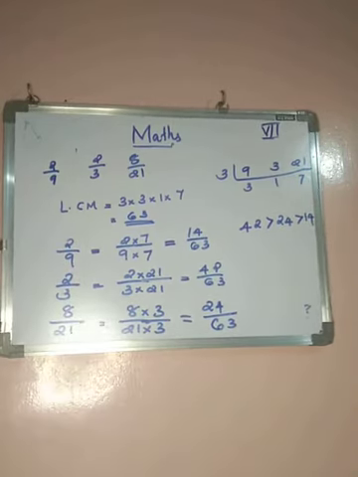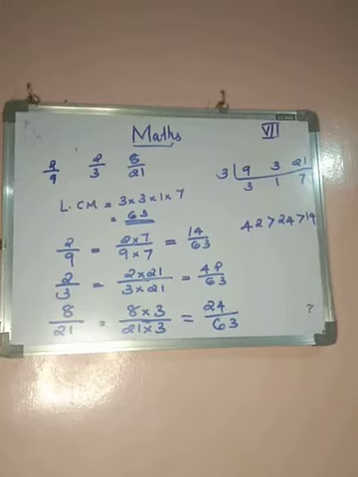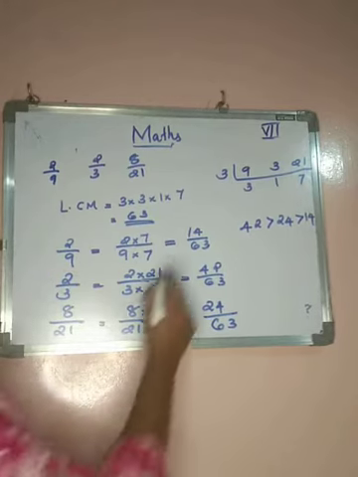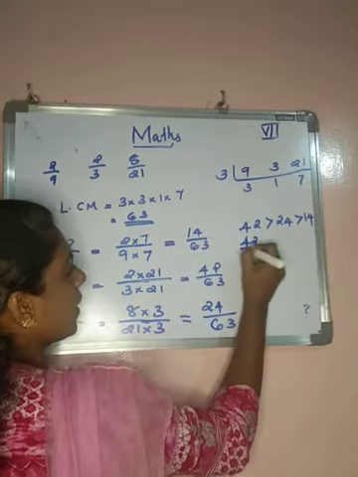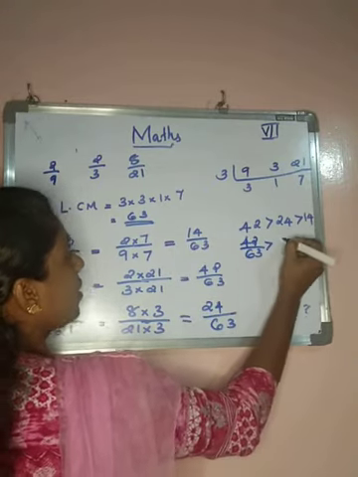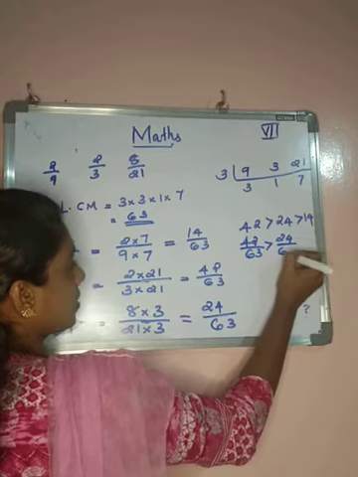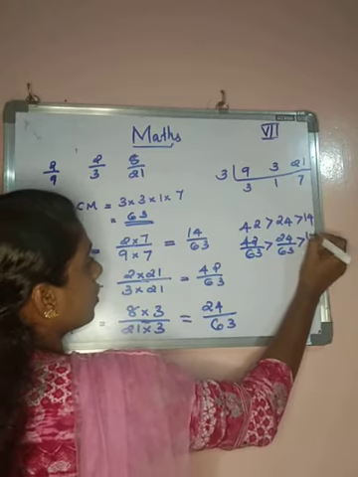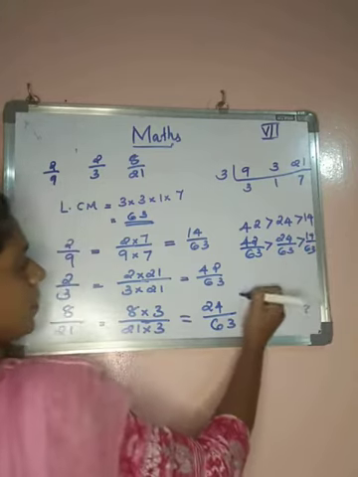So 42 is greater than 24, which is greater than 14. We get 42 by 63 greater than 24 by 63 greater than 14 by 63.